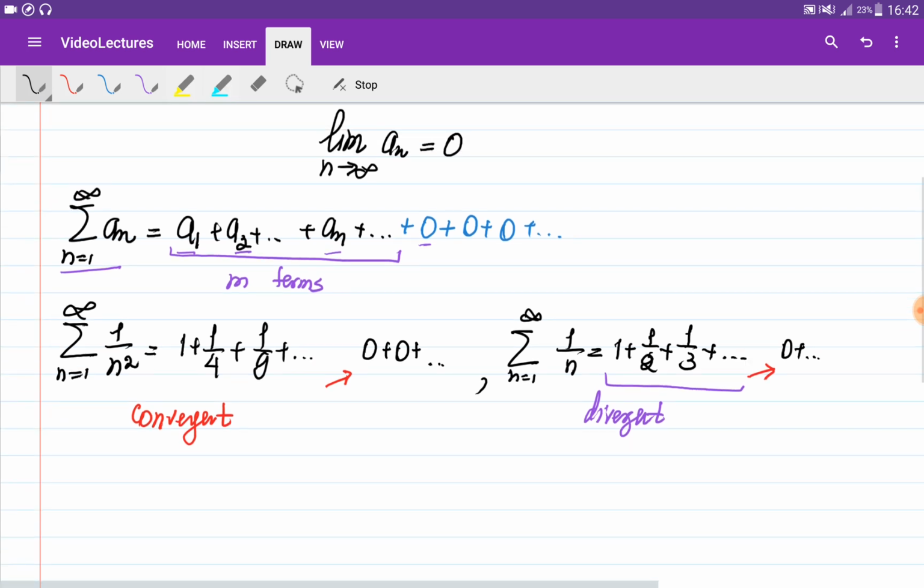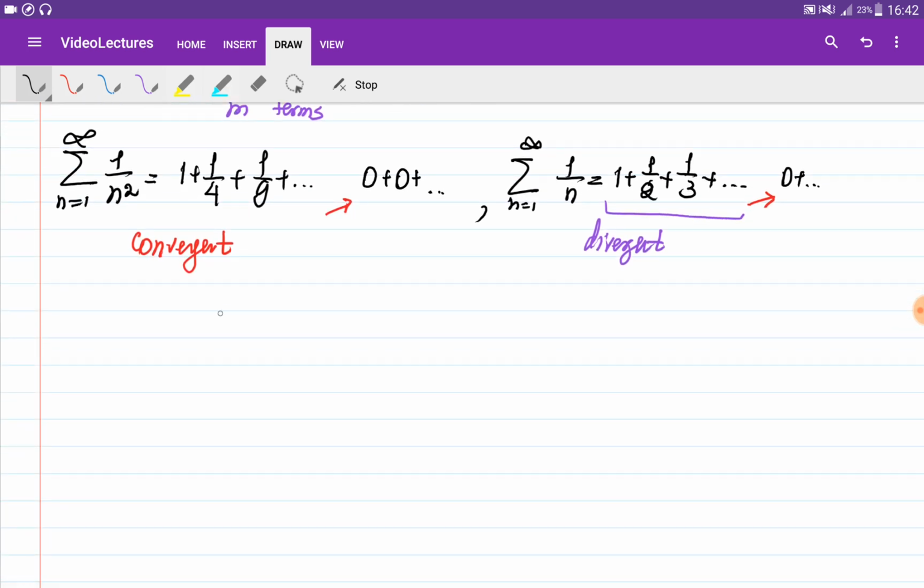The limit comparison test tells us that if we have one series, and I would like to check it by comparison, I need to find another series, bn, which has a similar speed of convergence. What does it mean? For both series, the terms become 0, and the time when the terms become 0 is more or less the same.